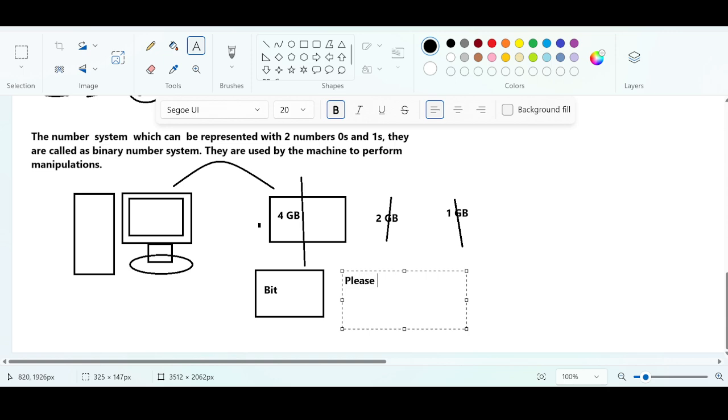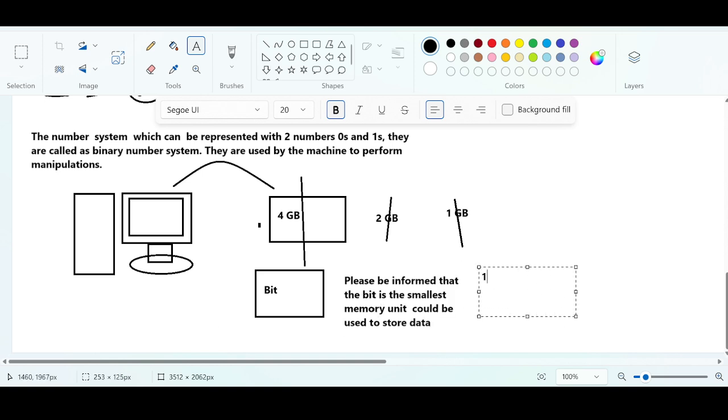Please be informed that the bit is the smallest memory unit to be used to store data. So one bit itself is the smallest memory unit. The combination of 8 bits is going to give 1 byte. 8 bits is going to give what? 1 byte.